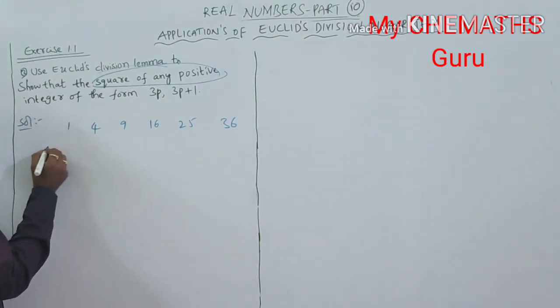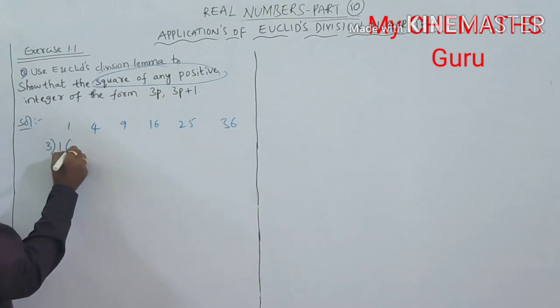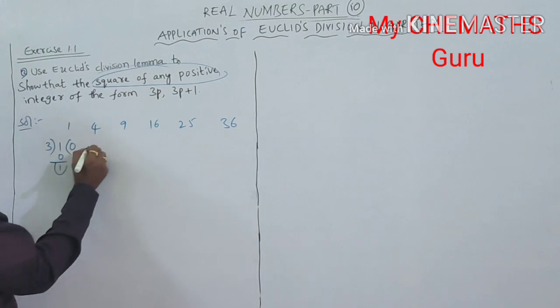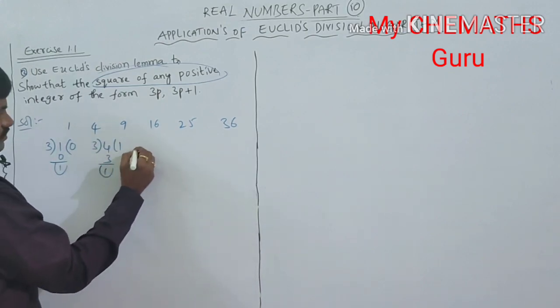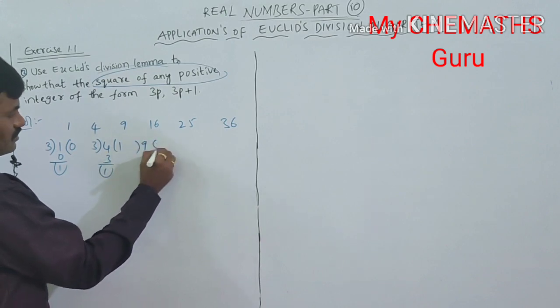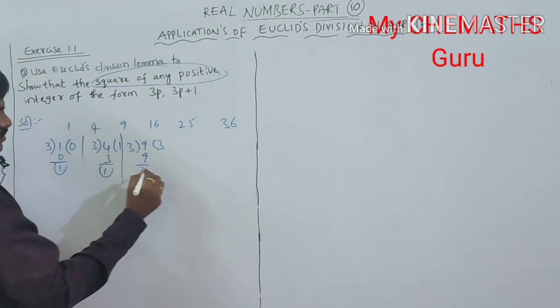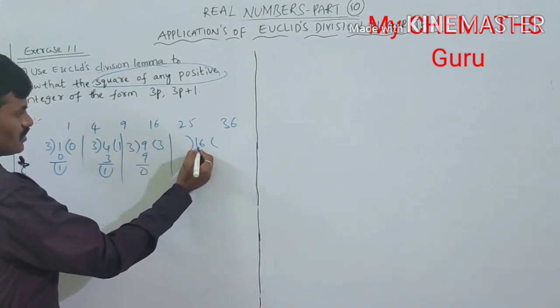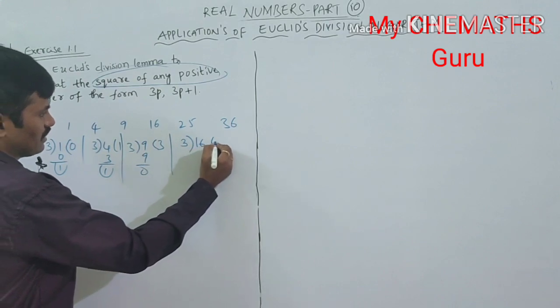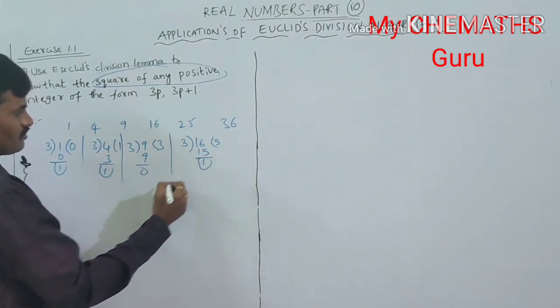Shall we check for these numbers? Are we getting like that or not? See, 3 is a divisor, 1 is a dividend. 3 zeros are 0. Remainder is 1. 4 divided by 3: 3 ones are 3, remainder is 1. 9: 3 threes are 9, remainder is 0. If I take the perfect square 16 and divide by 3, the quotient is 5, the remainder is 1.